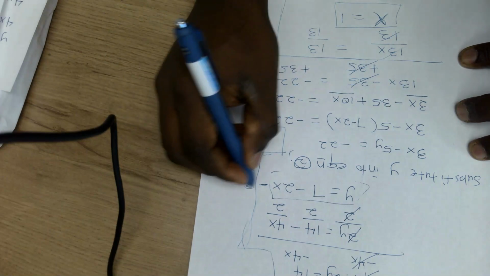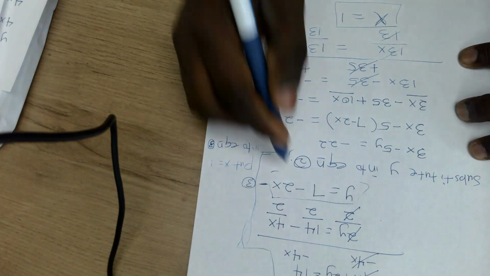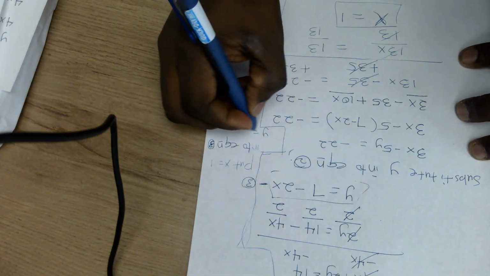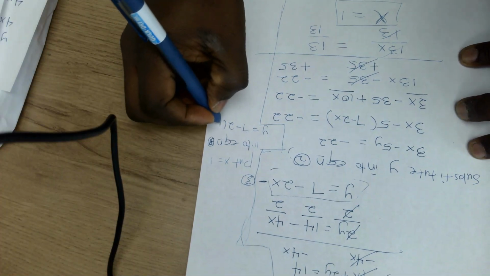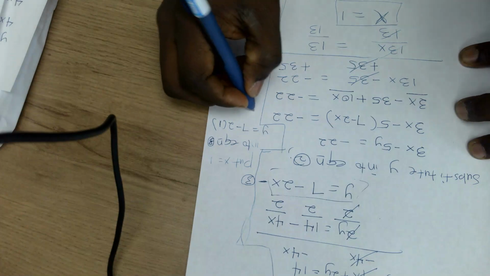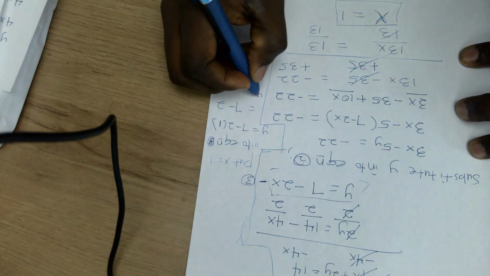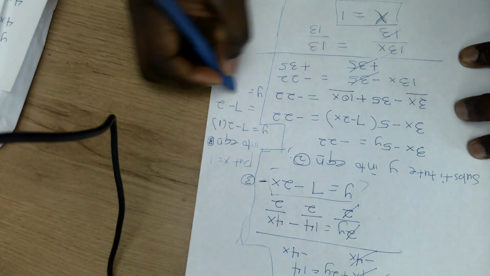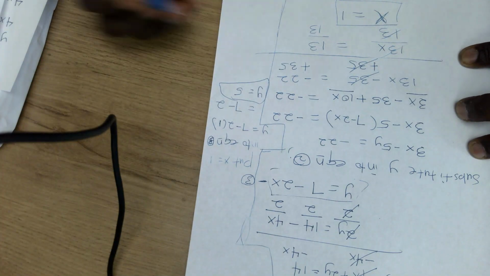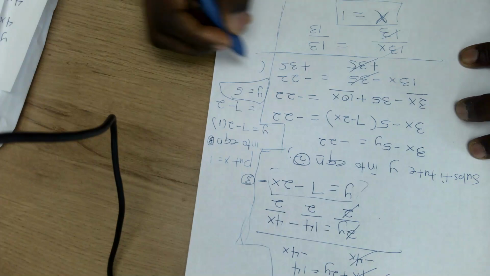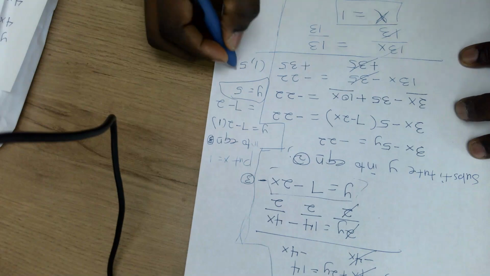Let me call that equation 3. So I'll put it into equation 3. So my y will now be equal to 7 minus 2 times 1. And so I'll have 7 minus 2. 2 times 1 is 2. And so finally my y is 7 minus 2, which is what? 5. All right, so that is my y. And so in coordinate form, I'll have my x to be 1, y to be 5.